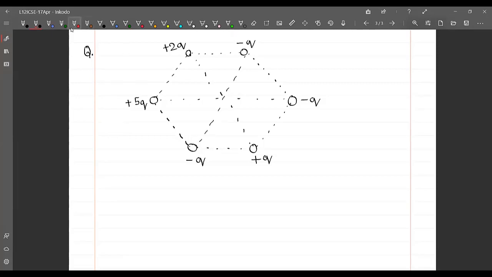It's a regular hexagon, and each side has length a. In this case, you have to find the potential at center O.